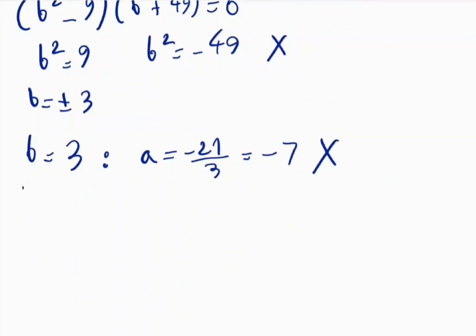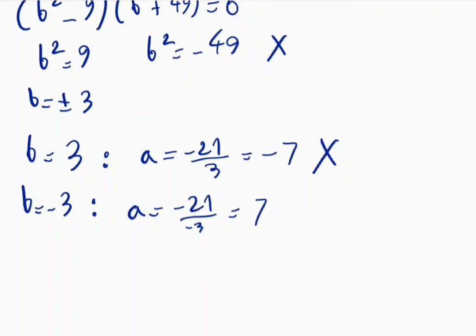Now let's see what happens if I take b equal to minus 3. In this case, for the value of a, I get 7, which is a positive integer, and that's good. But now you might be wondering, okay, a is positive, but what about b? Because b is not positive, it's negative.